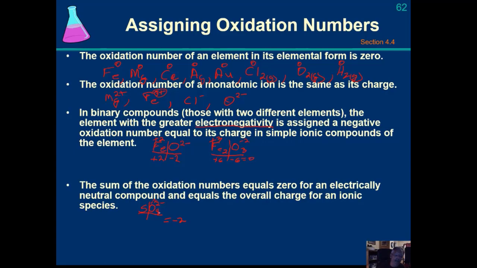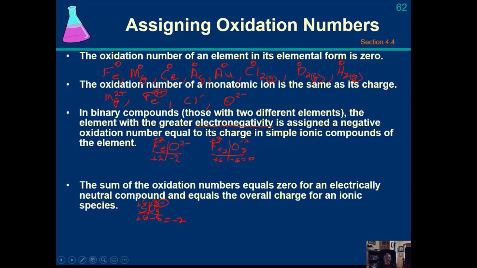I have 4 of them. Each one of them has a -2 charge. So 4 times the -2 is -8. Now remember, the overall charge on the sulfate anion is -2, so the number of positive charges on sulfur over here has to add to -8 to equal -2. So that tells me that that's going to be a +6 oxidation state.